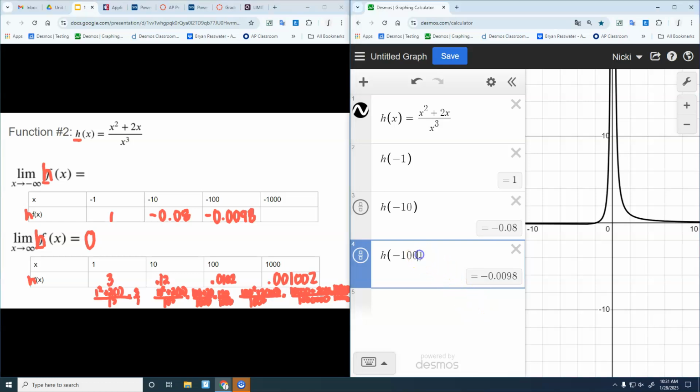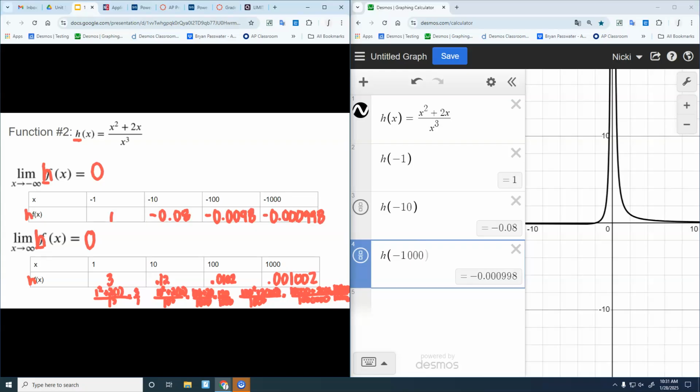And if I add one more 0 and do 1,000, I get negative 0.000998. So what do I approach here as well? I'm getting closer and closer to 0 because even though it's coming from the negative side, it is still just getting tiny, tiny, tiny, right?